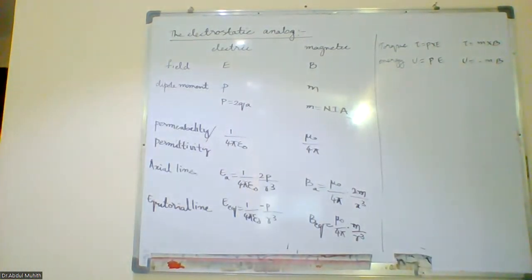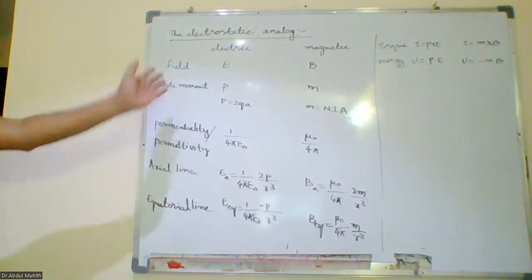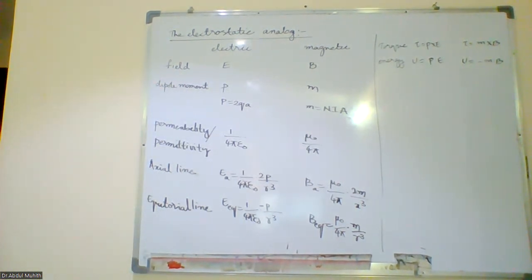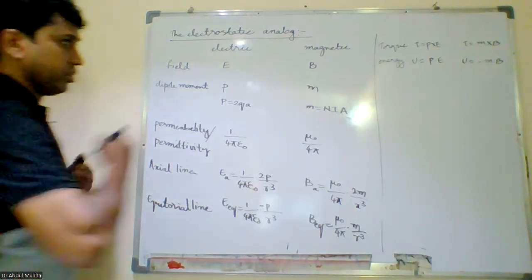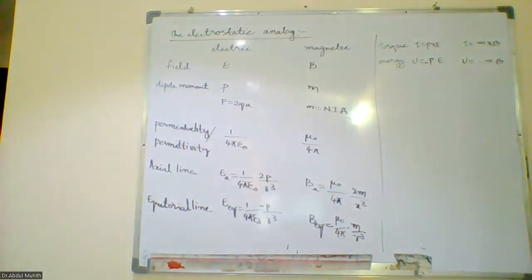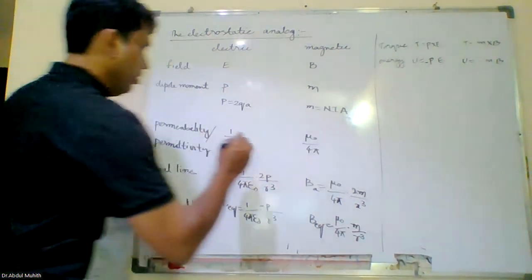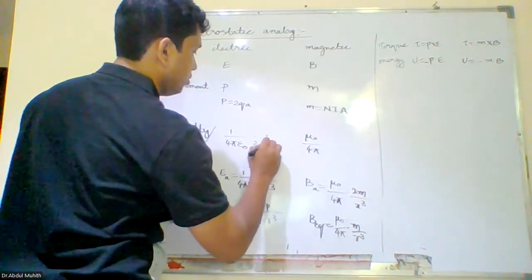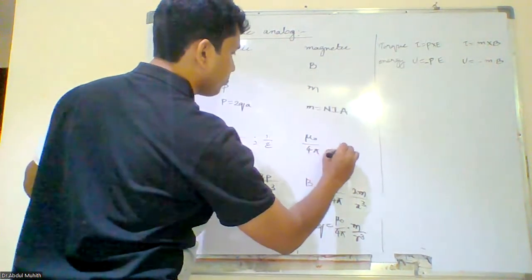So these are the comparisons. If you learn one, you can learn the other one. We'll try one question here. For energy also it is minus p dot E. Not positive, it is negative. Minus p dot E. We'll do a numerical on this now quickly. Here we can write 1 by epsilon 0, here we can write mu 0.